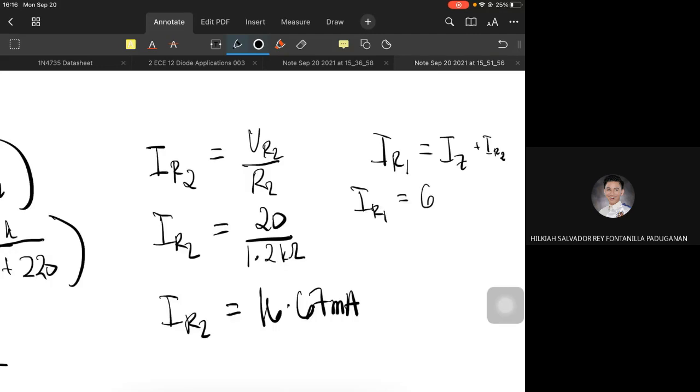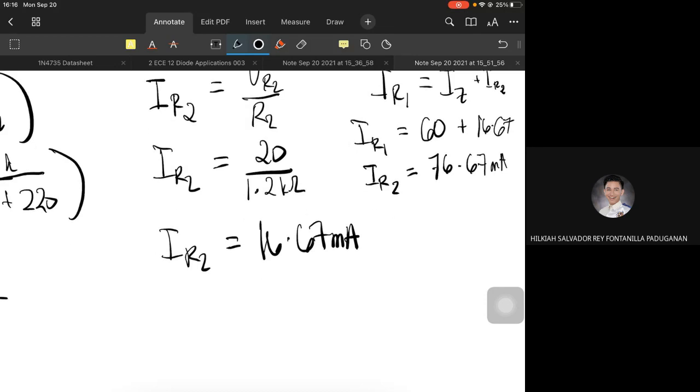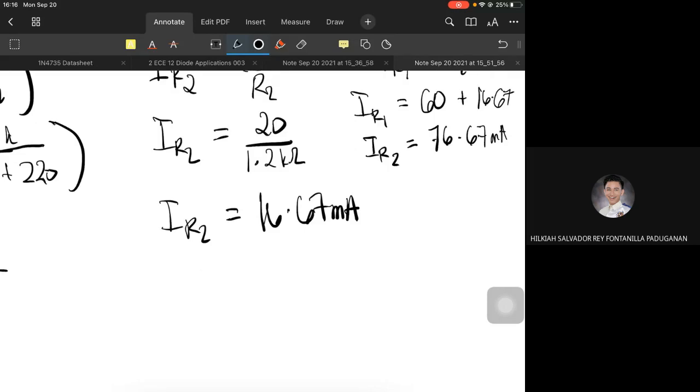IZ is 60 milliamperes plus 16.67 milliamperes. Therefore, IR1 is 76.67 milliamperes. That is the maximum current in the source resistor R1. Meaning, we could solve for the maximum value of the voltage across R1.